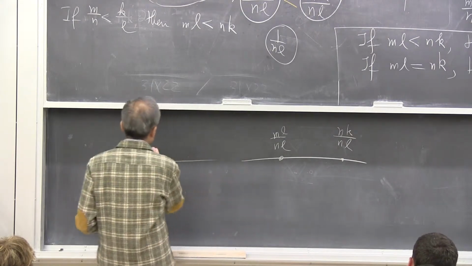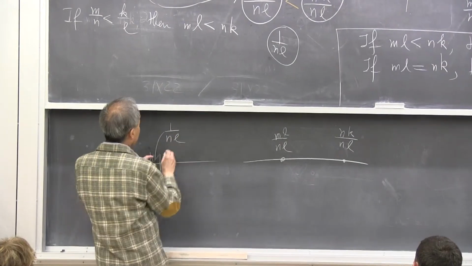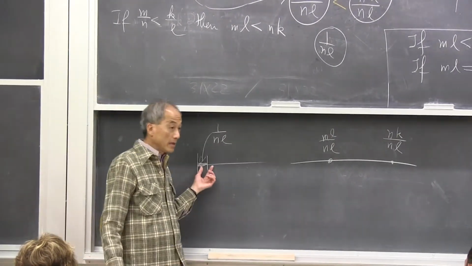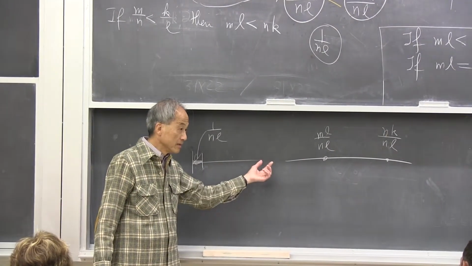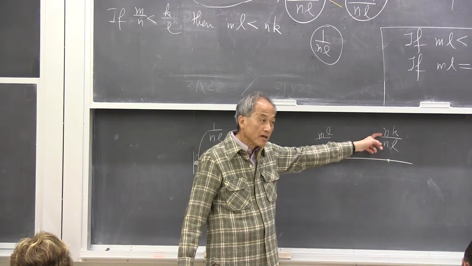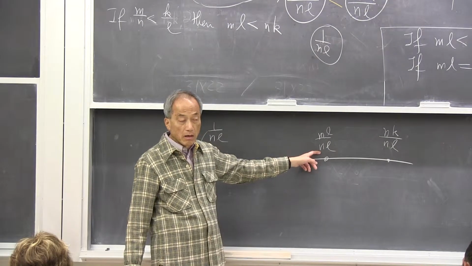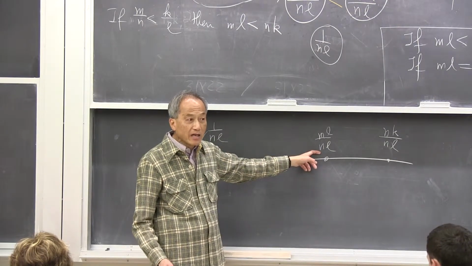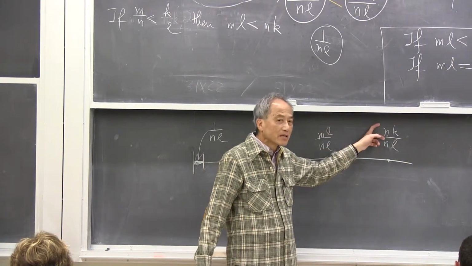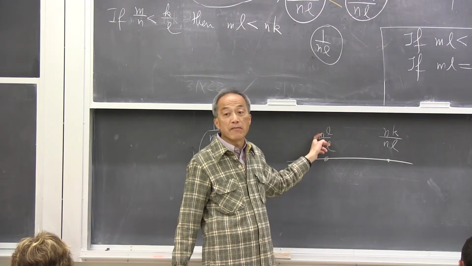By starting with that segment, which is 1 over NL, and counting to the right. How many steps? To get here, I have to count NK steps. To get here, I have to count NL steps. But all I know is that it takes me NK steps to get to the right of the one I obtained by counting only NL steps.